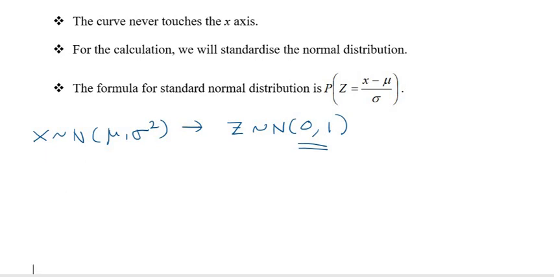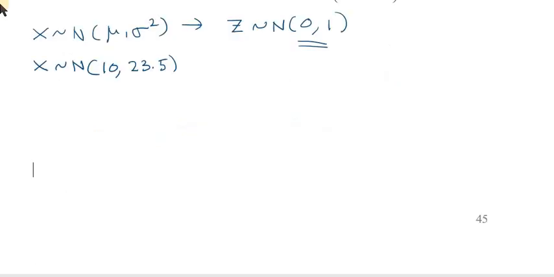Once we get this, we can use the Murdoch's statistical table. Let's look at this example. Given X distributed according to a normal distribution, given that the mean is 10 and the variance is 23.5, we want to find the probability of X greater than 2.